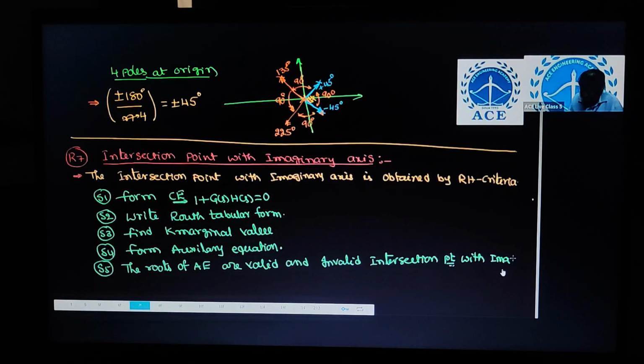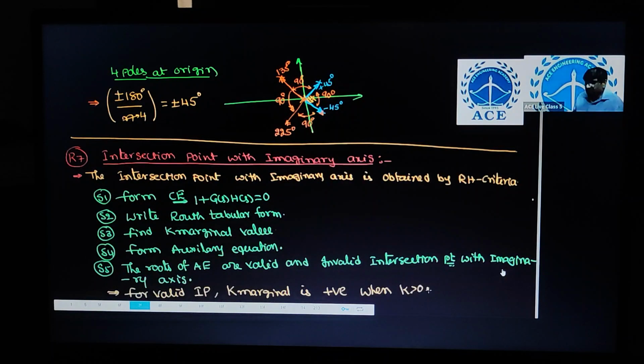For valid intersection point, k marginal positive. For valid IP, IP means intersection point, k marginal is positive when k greater than 0. So, for valid intersection point, k marginal should be positive.